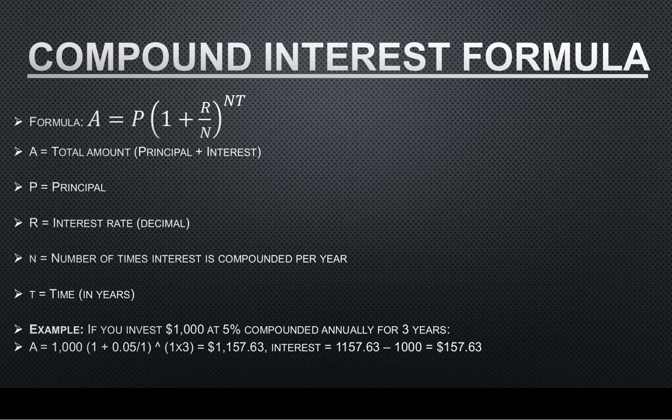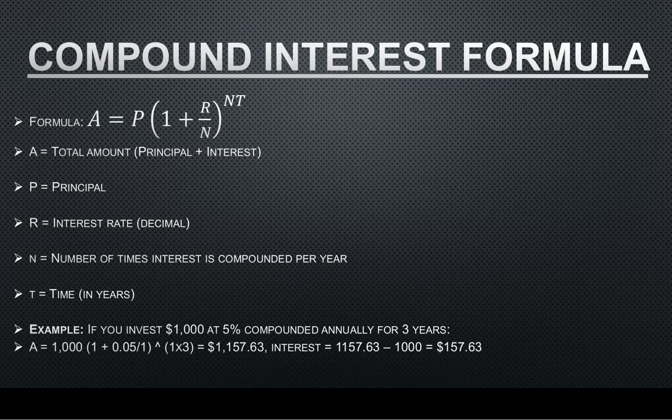N is the number of times interest is compounded per year. If it is compounded every year, then N will be 1. If it is compounded semi-annually, it means twice every year, and so on. And T is the number of years that the facility will be in force, whether 5 years, 10 years, or 2 years.